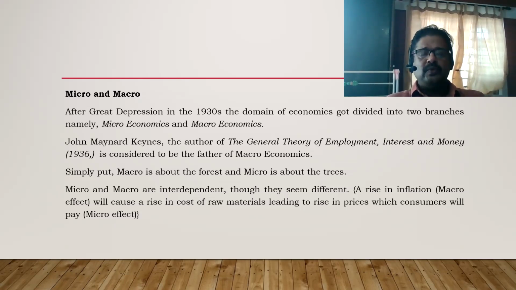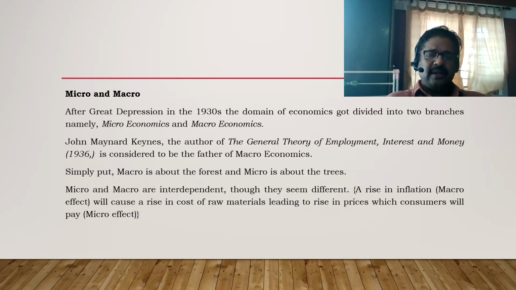Now, these two are the main important branches of economics. Actually, before the 1930s, there was only one branch of economics, which is microeconomics, though these terms were not there during that time. Before the 1930s, economics was studied on the basis of the classical approach.